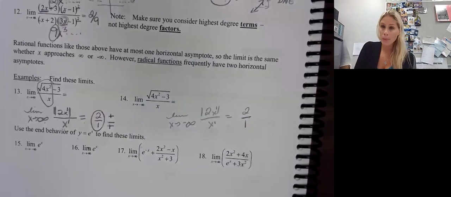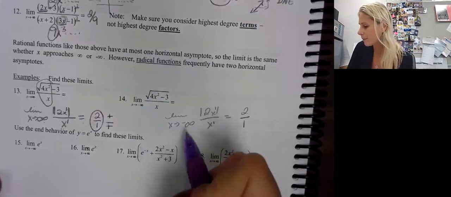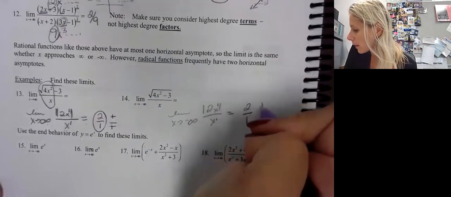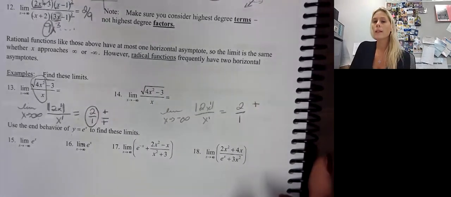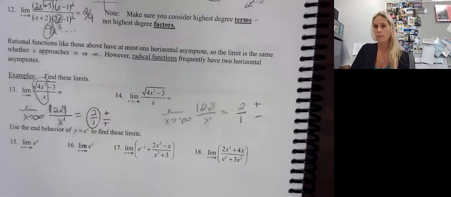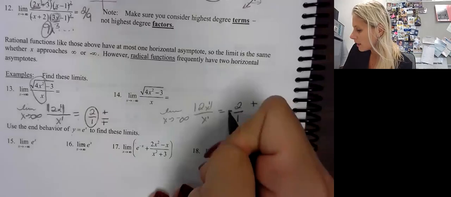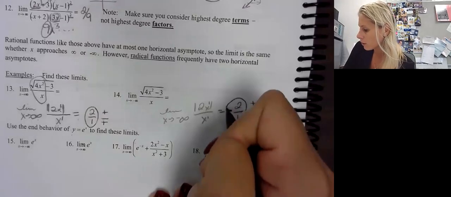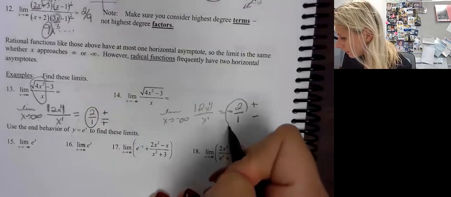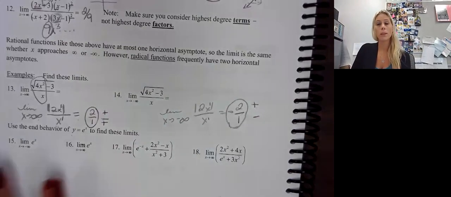The problem right now is if I were to plug in negative infinity in the absolute value, I get a positive. But if I plug in negative infinity in the denominator, I would get a negative number. So I have a positive over negative, which is a negative. So going to negative infinity, I am at negative 2. So be careful with that.